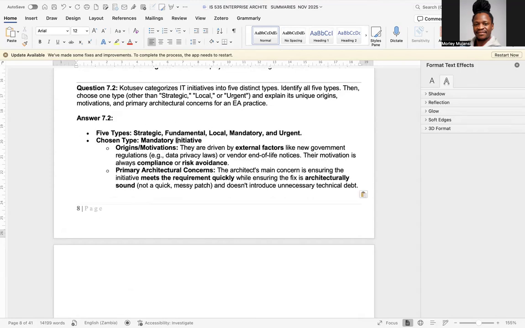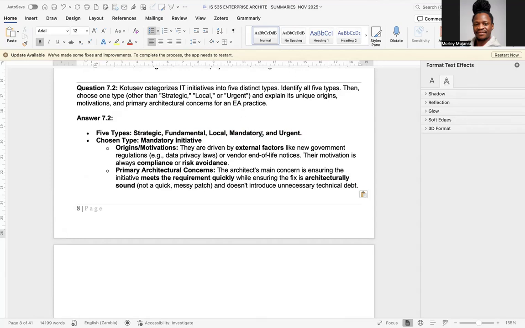Yeah, so really this is what we've discussed. 5 types, they are all here: strategic, fundamental, local, mandatory, and urgent. And then we were asked to choose one type and explain its origins.